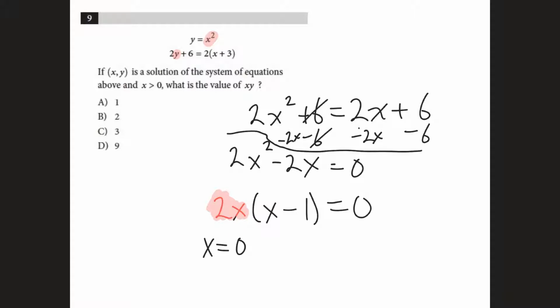And if x equals 1, that would make our second factor equal 0. So our two solutions are 0 and 1. We know that x has to be greater than 0, so therefore x has to be 1. A is our solution.